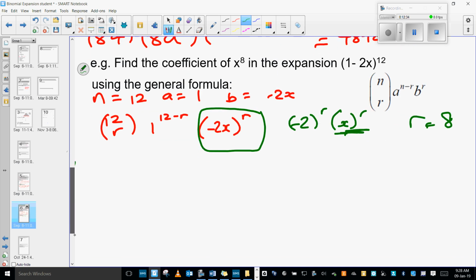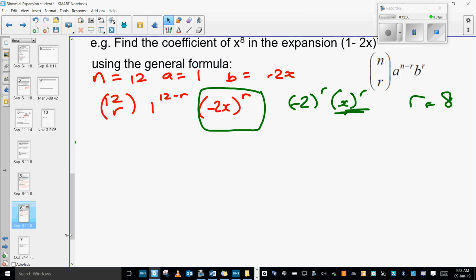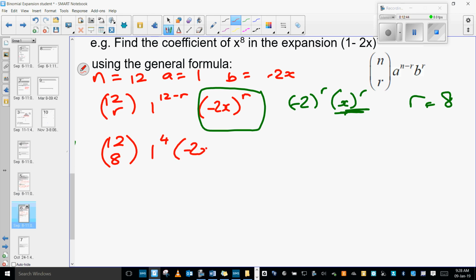So then we put that back into our general, so we're finding 12 choose 8, 1 to the power 4, negative 2x to the power 8. And we use our calculators to find 12 choose 8.